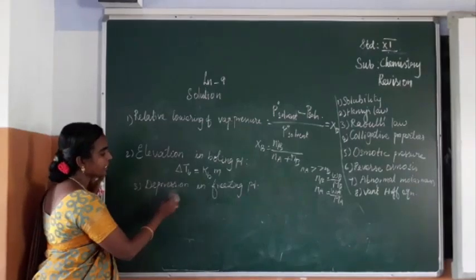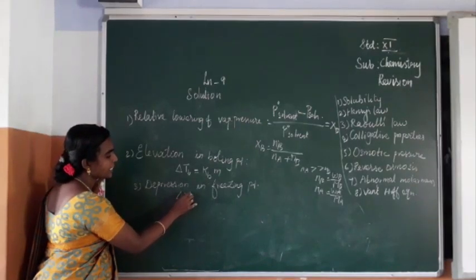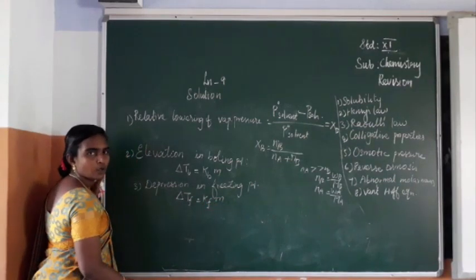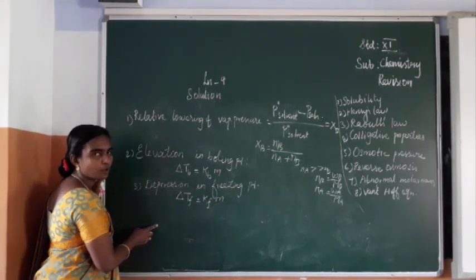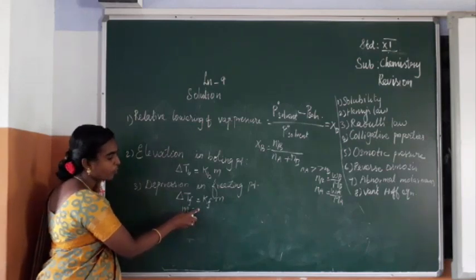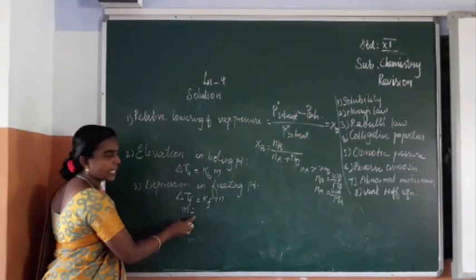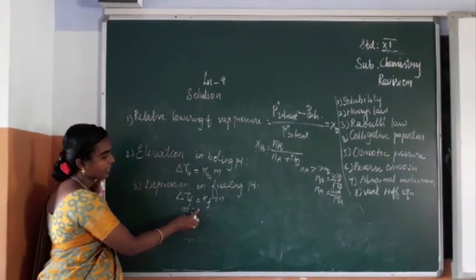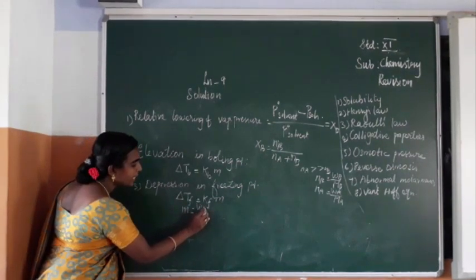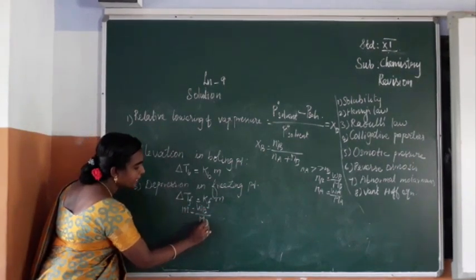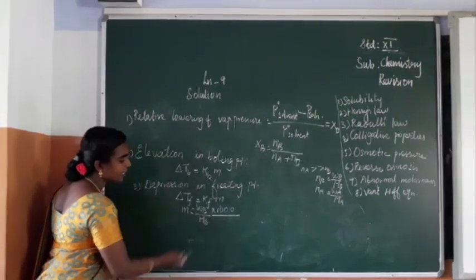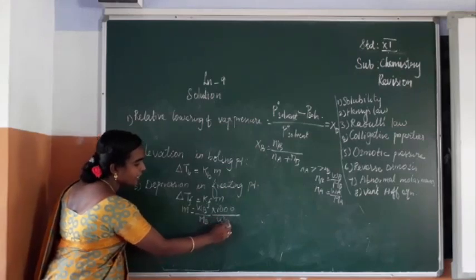In depression of freezing point, simply delta TF is equal to Kf into m. Here m is the molality of the solution, equal to number of moles of solute into 1000 divided by weight of the solvent. Number of moles of solute is equal to WB divided by MB, into 1000 divided by weight of the solvent WA.